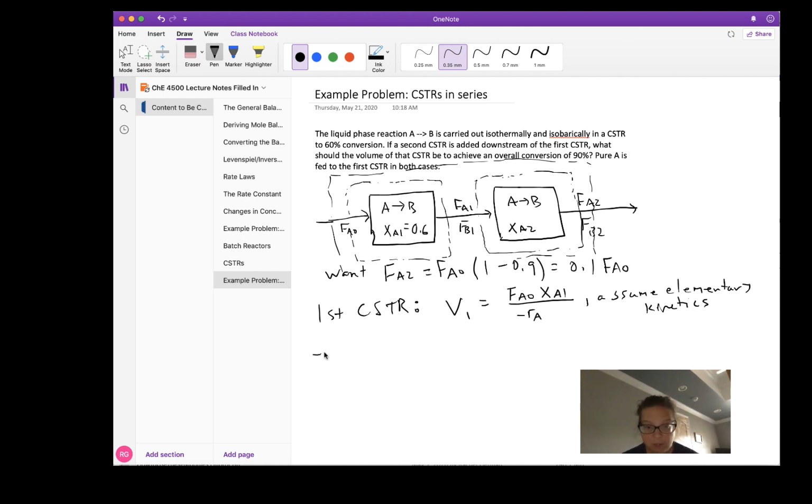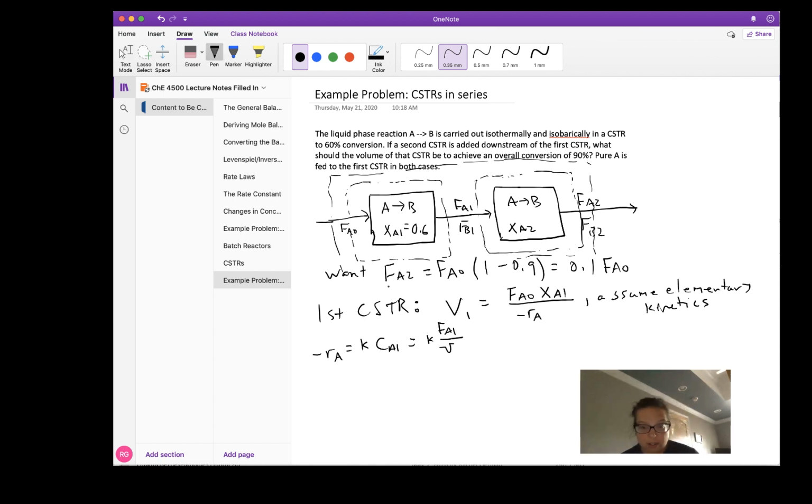So if I make that assumption, minus RA is equal to K times CA. I want to write this in terms of FA because that's the information I have. And actually I should say this is K times CA1, K times FA1 over the volumetric flow rate. This is a liquid phase reaction, so the volumetric flow rate is going to be constant over the entire system. So I can just write script V without any subscripts.